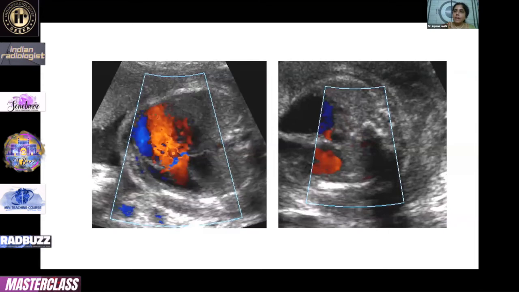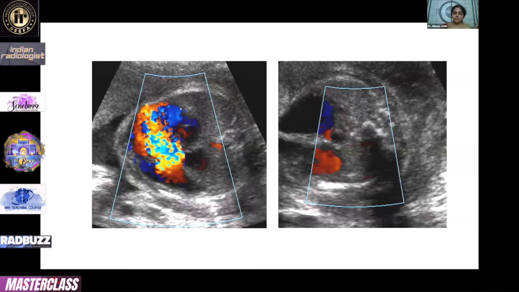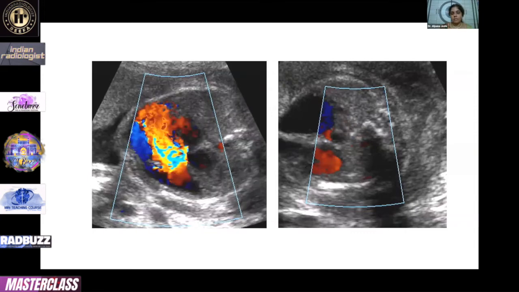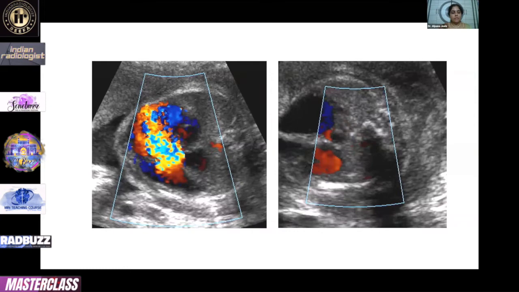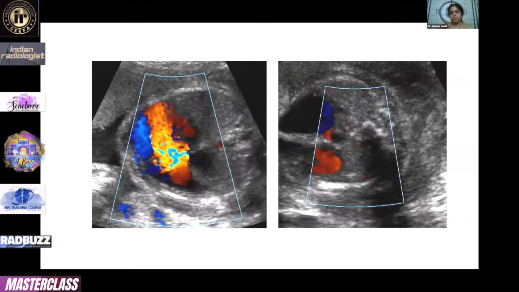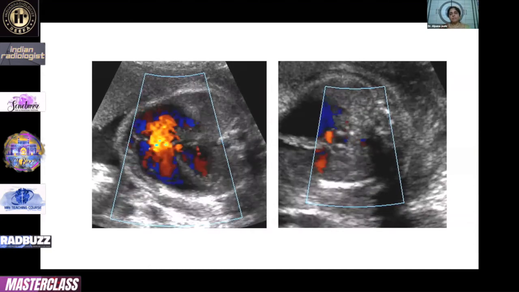One should always try and look for that continuity. Look at the valve which is atretic in PIVS, and that will be easier to see in, say, a neonatal or a pediatric age group, but of course it is difficult in fetal life most of the time.